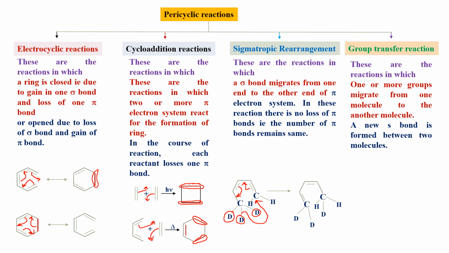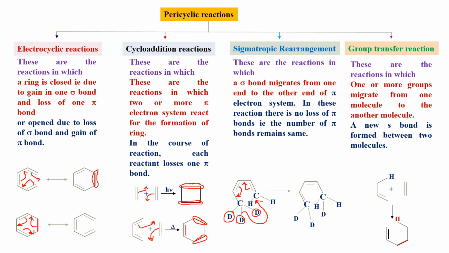A group from one molecule is being shifted to another molecule. How does this take place? In this reaction we can see this is CH2, CH, CH2, one H and another H. So this is a group.